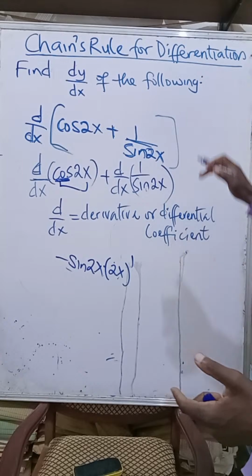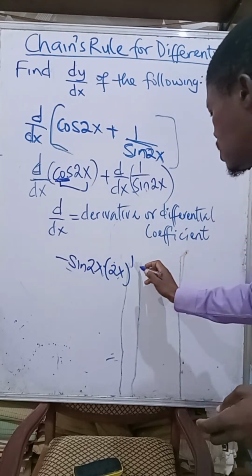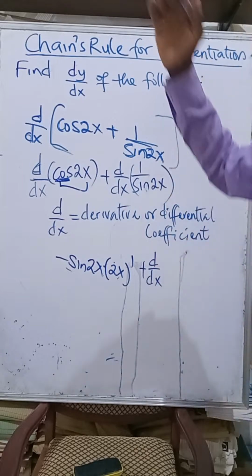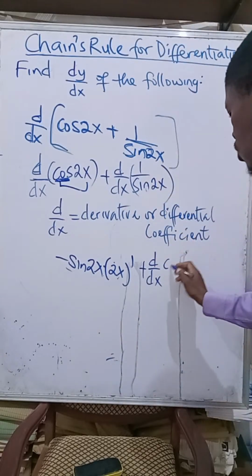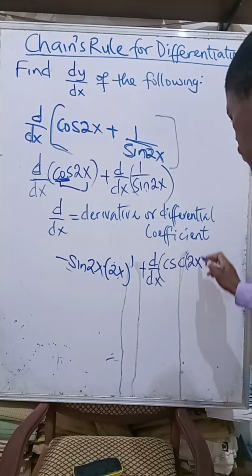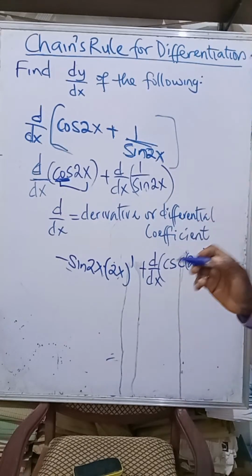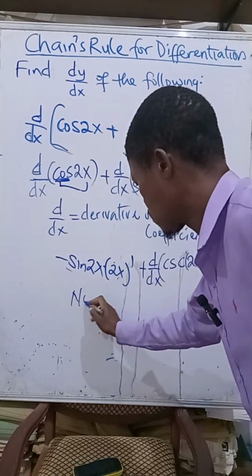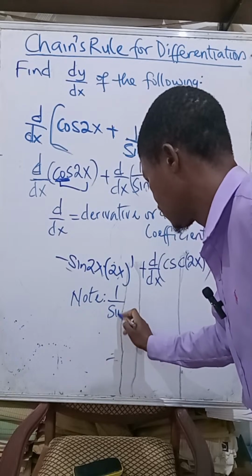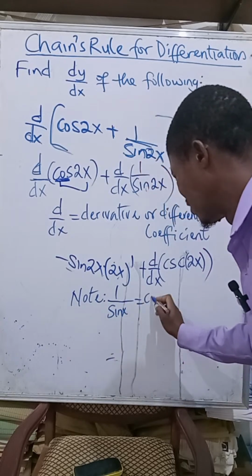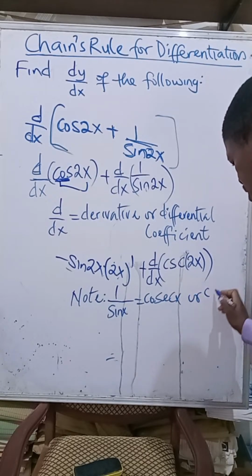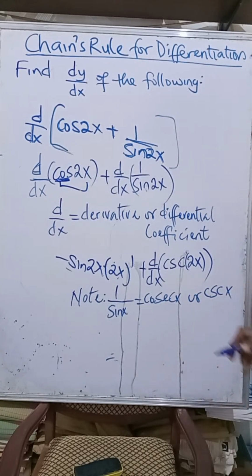Then let's now do the algebra for 1 over sine 2x. The derivative of 1 over sine 2x will give you cosec 2x, which is CSC 2x. 1 over sine x we'll call cosec x, or CSC x.